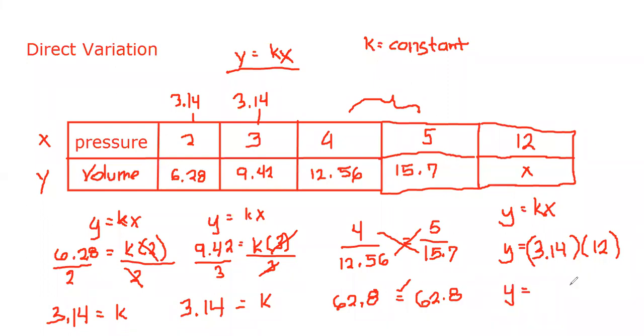So, 12 times 3.14 is 37.68. So, this will be our volume kapag ang pressure naman is naging 12. Okay? Nakukuha ba natin?